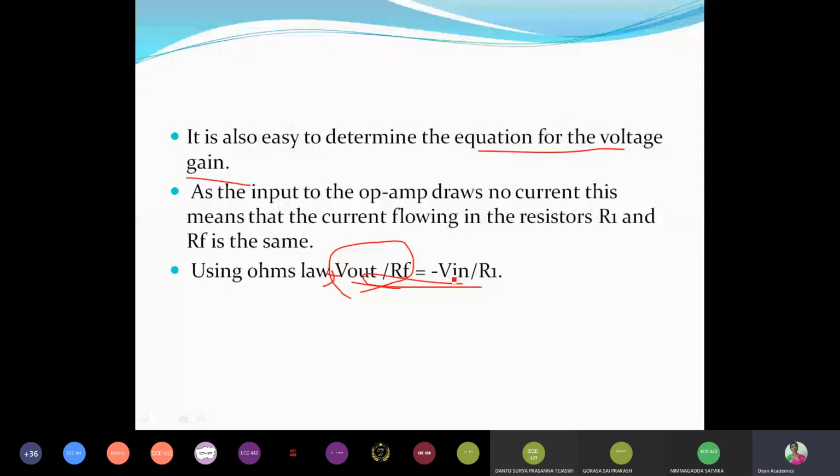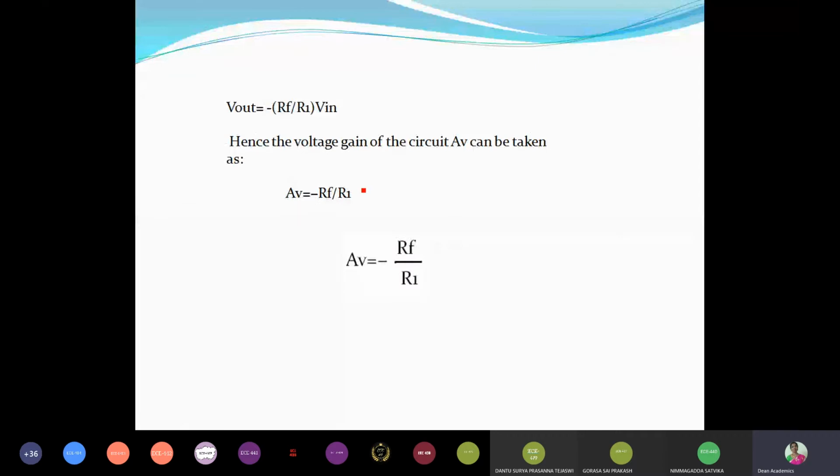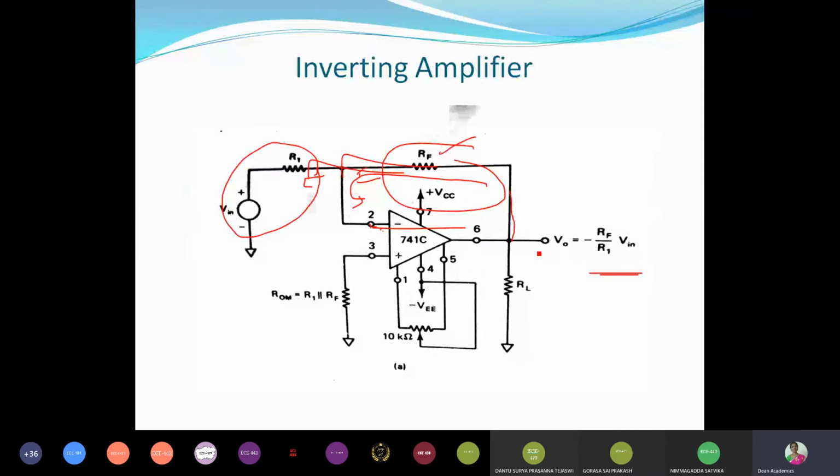It is nothing but the voltage gain: Vout is equal to minus RF by R1 into Vin. Otherwise we say AV is equal to Vout by Vin, which is equal to minus RF by R1. Like that we can write the voltage gain for this inverting amplifier.